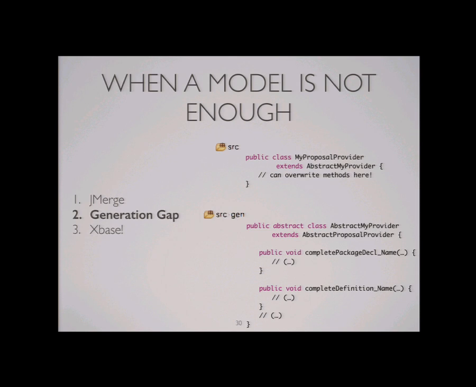Then another pattern we've seen a lot and we've actually used ourselves as well, which we like to call the generation gap pattern, involves two files. So the code generator generates a file into a different source folder, like src-gen, for example. It generates all the Java methods inside that it wants to generate, marks them public and protected, because in our source folder there's another Java class extending the generated one.